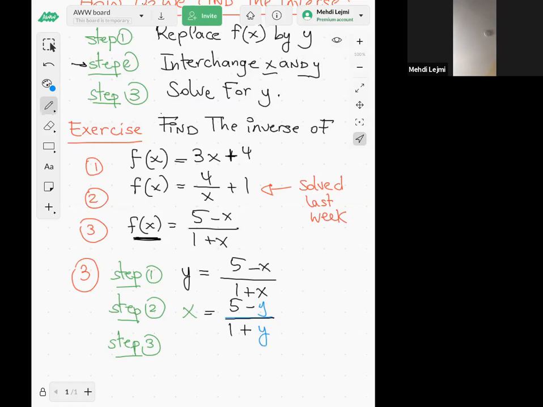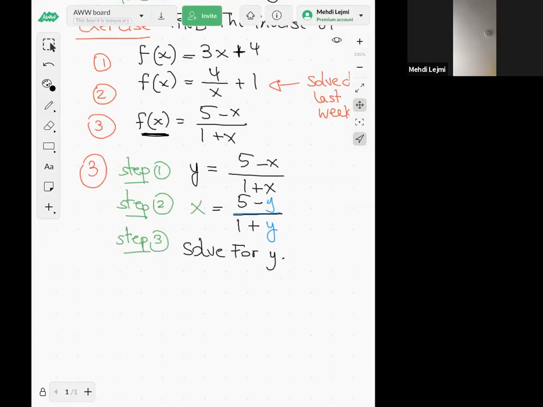Now we have this. The main step is the last one, where we have to solve for y. Now, guys, we have this equation, x equals 5 minus y over 1 plus y, and we have to solve for y.